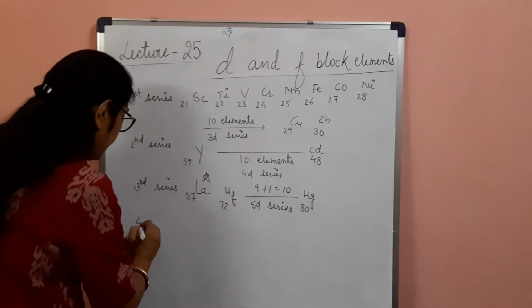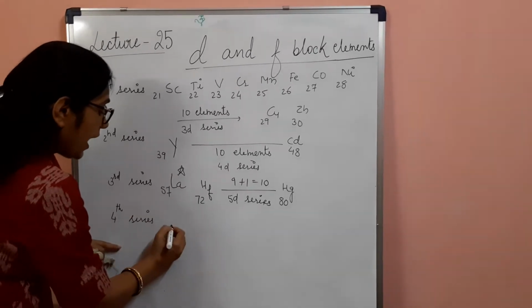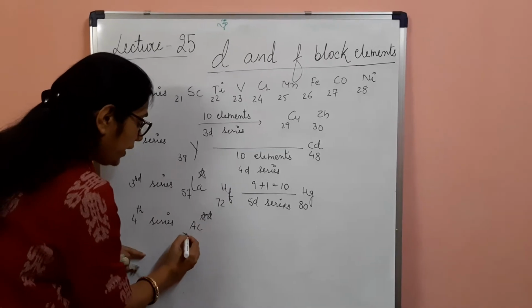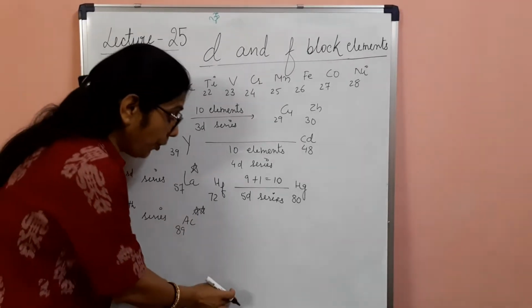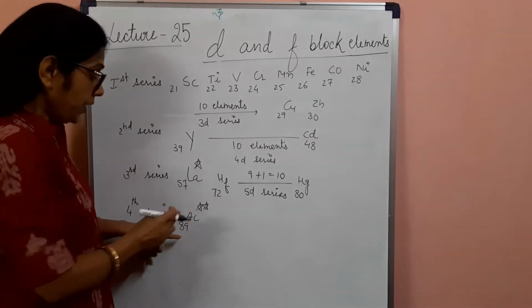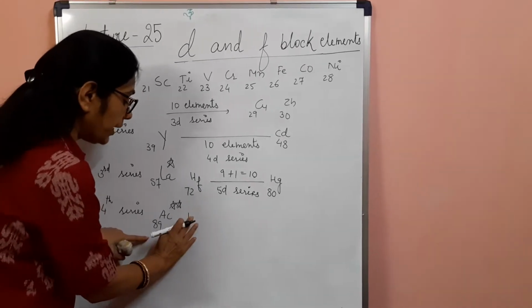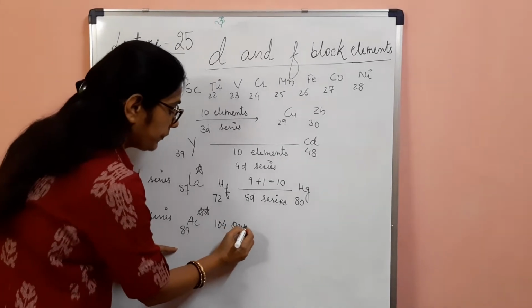And finally, the fourth transition series starts from actinium and there is a double star on it because immediately after actinium, at the bottom of the periodic table, actinoids are situated. So actinoids and then elements with atomic number 104 onwards.